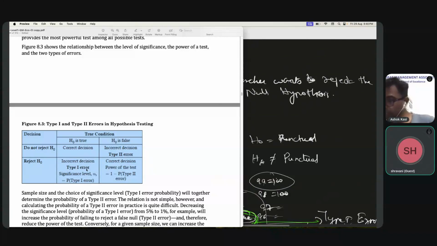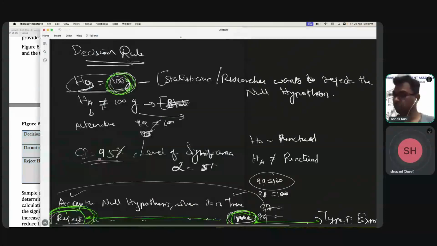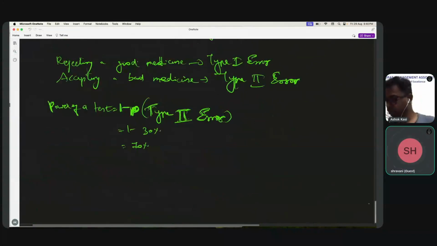And probability of type 1 error is equal to the significance level.